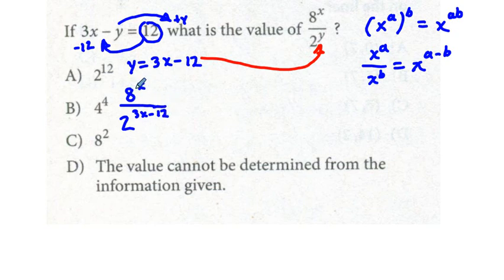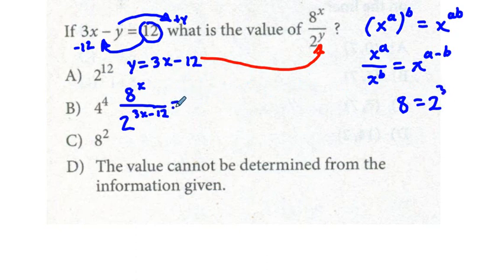So now we have our exponents in terms of x, but we still don't have the same base. And so if we can rewrite this 8 as a power of 2, that'd be nice. So 8 is going to be equal to 2 to what power? Well, that's going to be 2 to the power of 3.